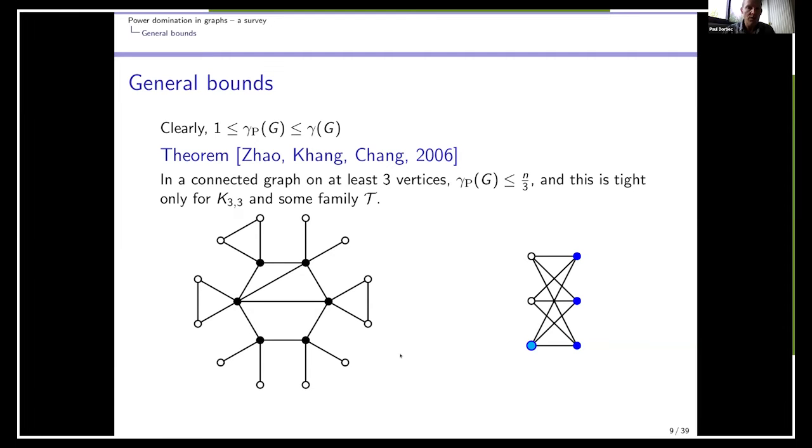So Zhao, Kang, and Chang proved in 2006 that for any connected graph with at least 3 vertices, the power domination number can always be at most 1/3 of the vertices, and this is tight for this example here.